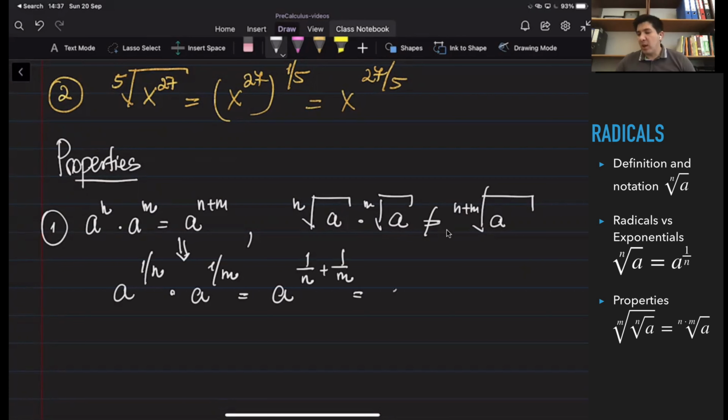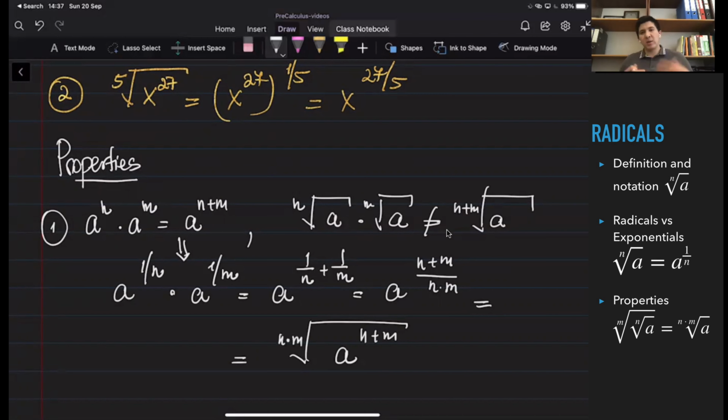Which is going to be a to the power of (n plus m) divided by n times m. So in the sense, it's going to be written as a to the power of n plus m, taking the root of degree n times m, which is a little bit more complicated. So this equation doesn't work, okay?